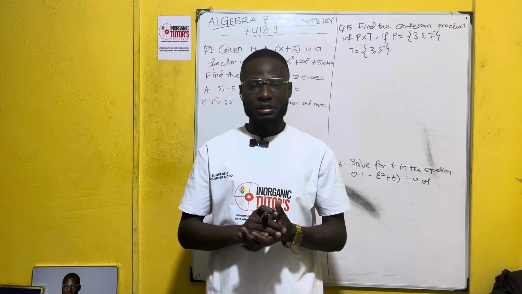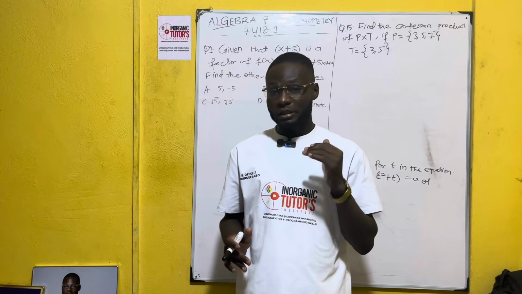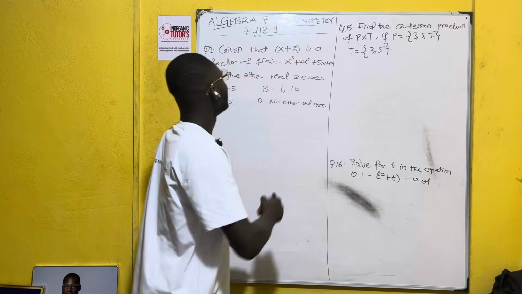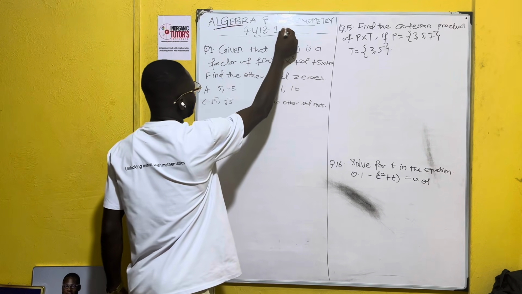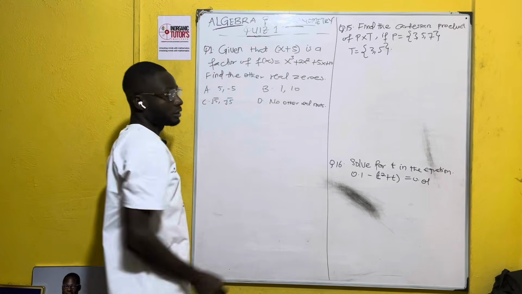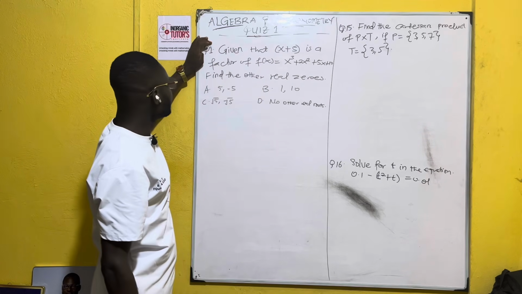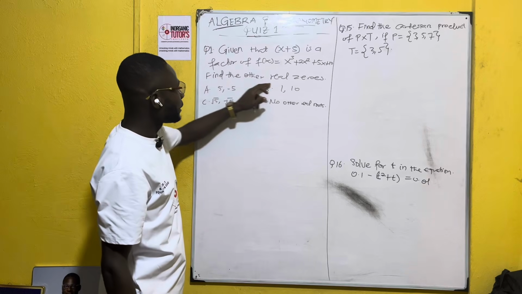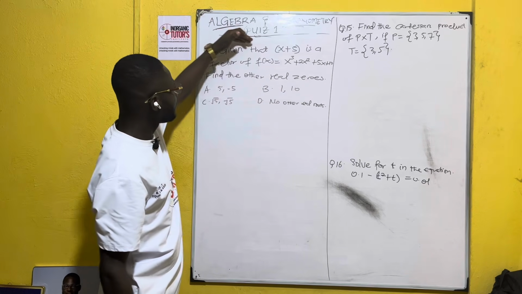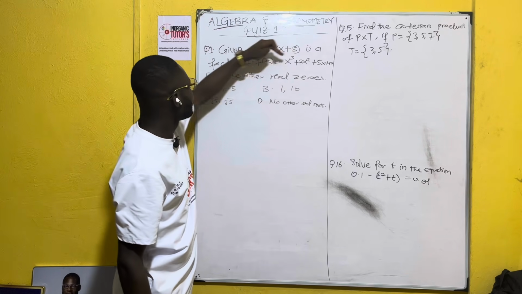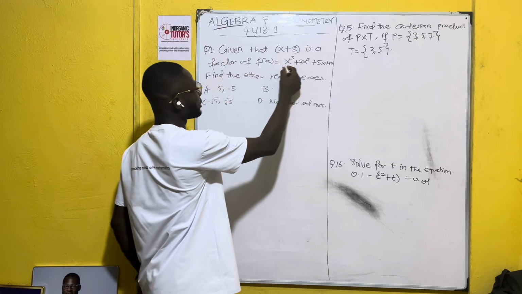In today's lecture, we are going to solve quiz 1 on algebra and trigonometry. The first problem is to find the other real zeros, given that x plus 5 is a factor of this polynomial function.